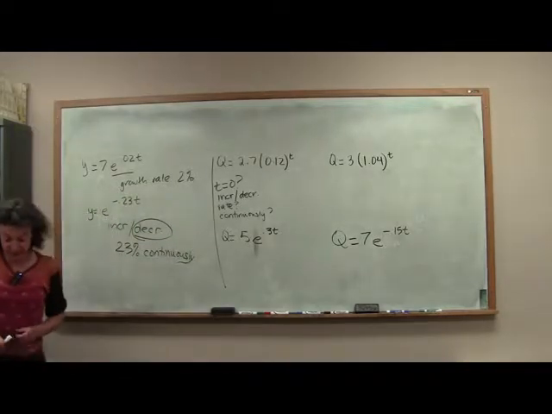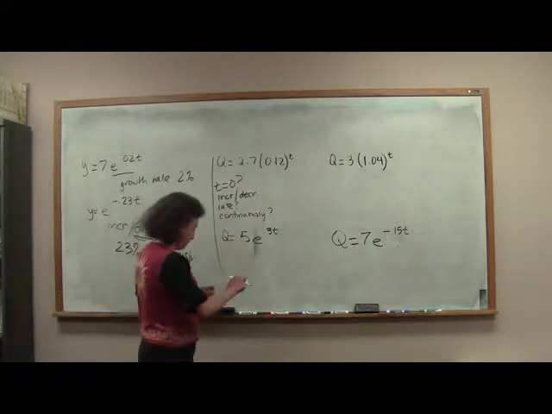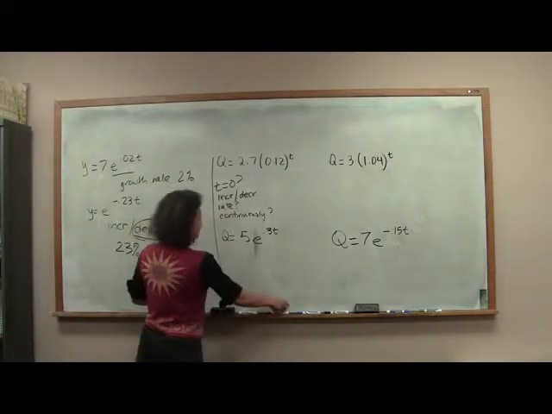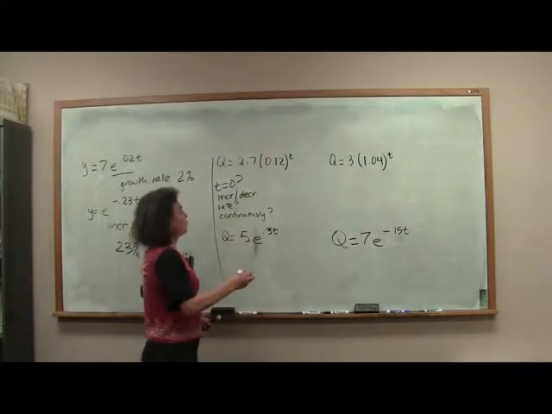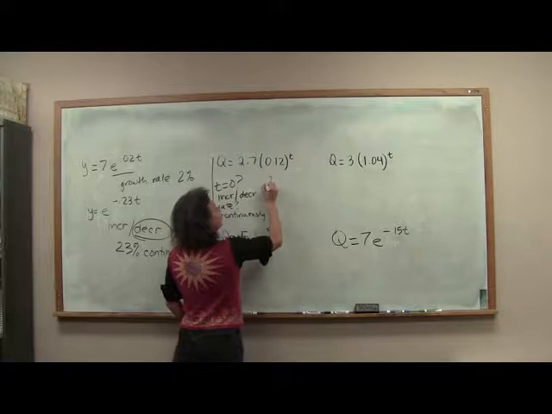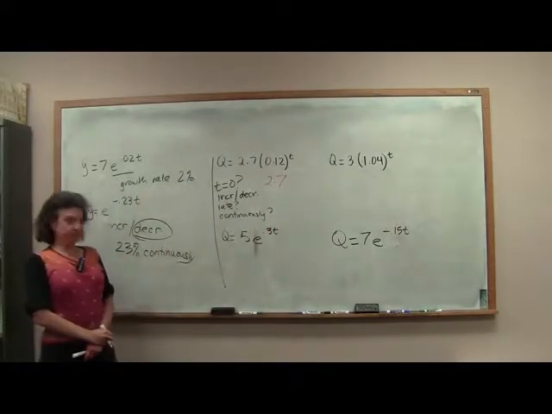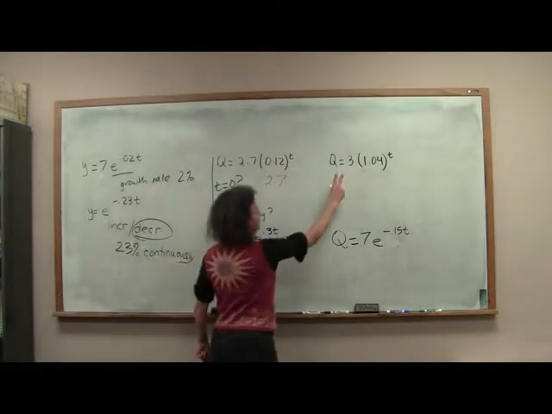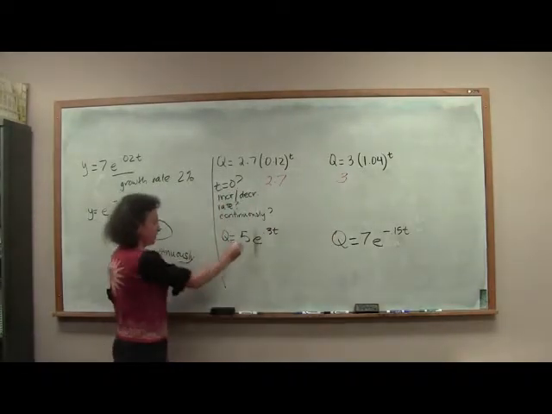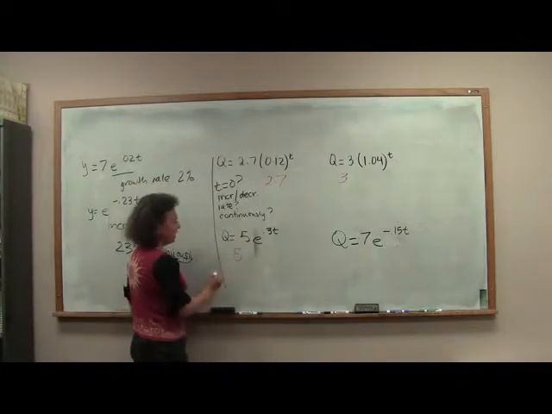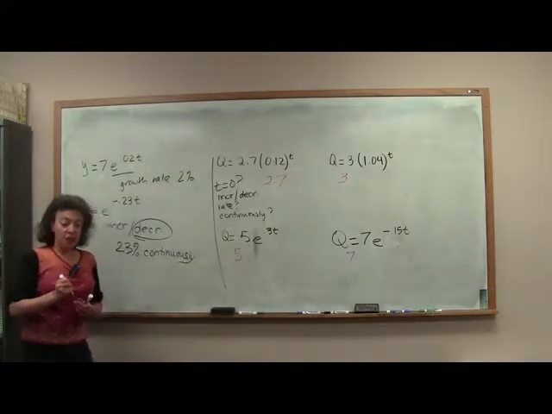These are the 4 questions that we would like to answer. So for this first one, what is our initial quantity? I claim here it's 2.7. What's our initial quantity here? It's 3. Our initial quantity here is 5. And our initial quantity here is 7.